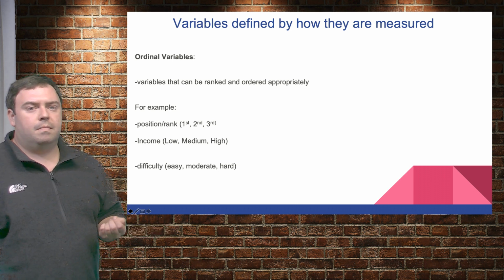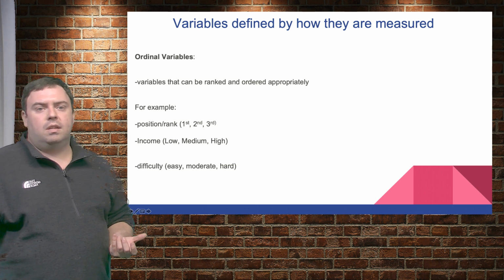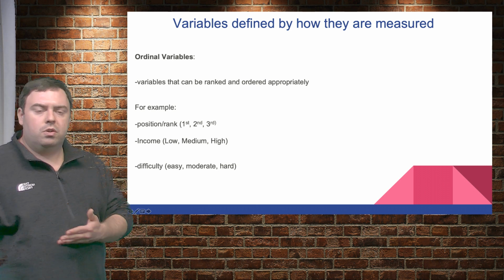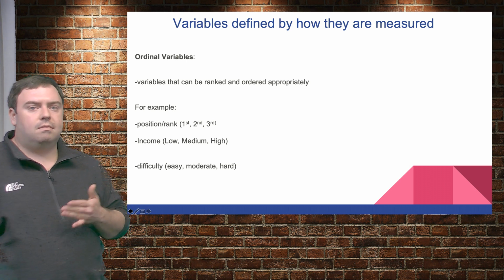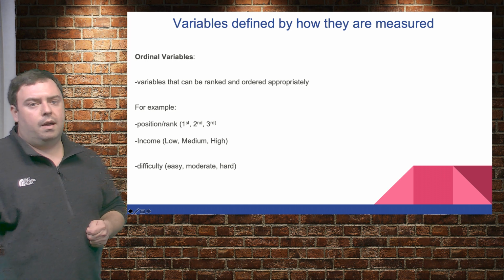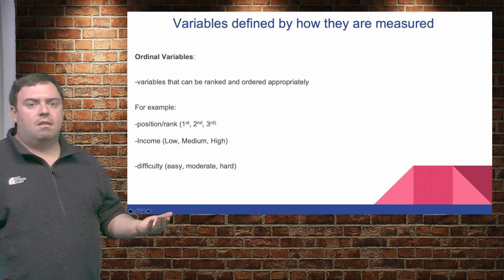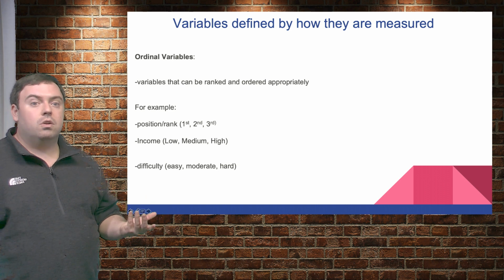All of those things have some particular order. In the case of class rank, often in Texas, first is the best, and the ranks that follow could still be desirable, but they're less than the first.